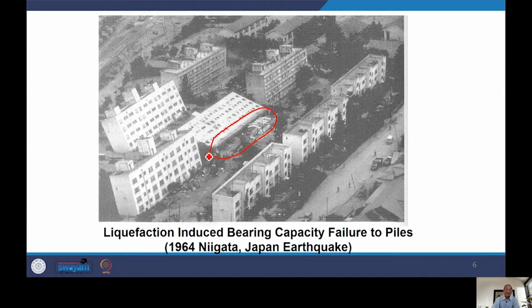Why did the foundation of this building fail? Because of the liquefaction below, the bearing capacity of the soil got reduced, and it was not able to support the foundation, and it failed. When we talk about liquefaction, this is also the effect of soil amplification, which is the first step of SSI, and that we'll discuss in very much detail later. Continuing with this, this was one of the examples.